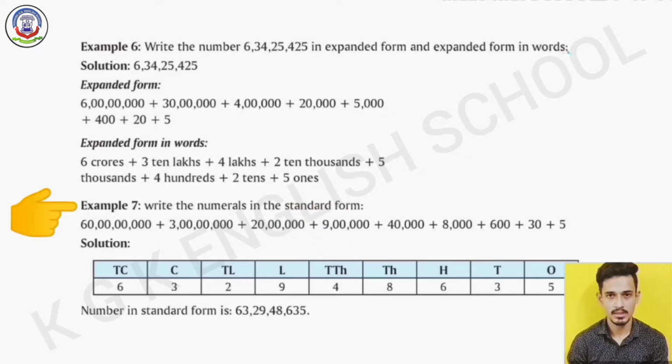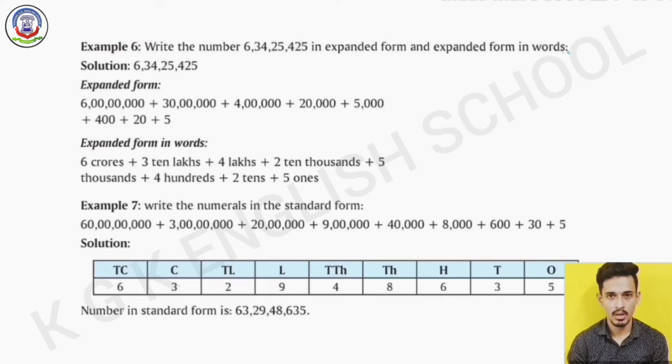Now let us see an example of expanded form to standard form. So we have 60 crore plus 3 crore plus 20 lakh plus 9 lakh plus 40,000 plus 8,000 plus 600 plus 30 plus 5.